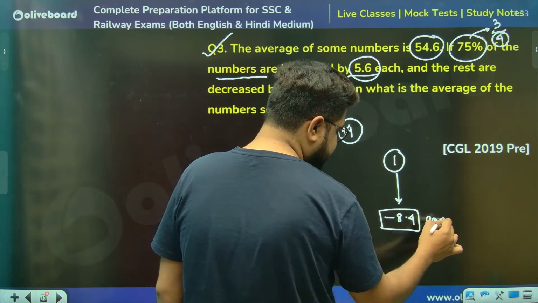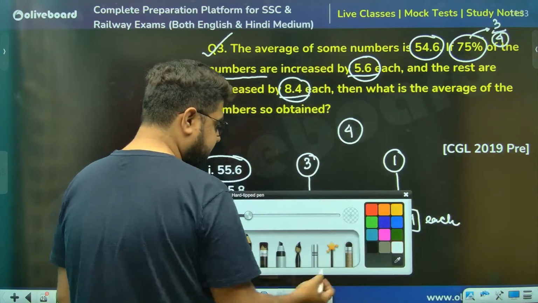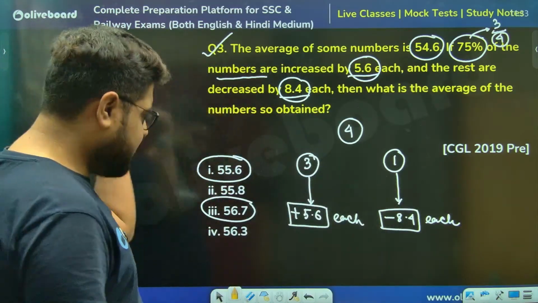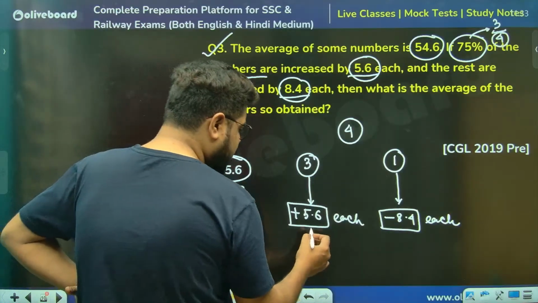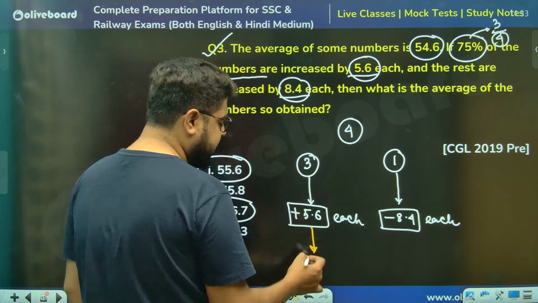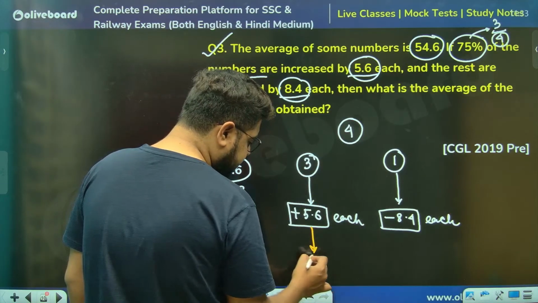Sir, is the work done? Very, very good. So that means they are asking the average. Let's do it. Sir, total deviation. Total how much increment, sir? 3 5s are 15, 3 6s are 18, so 16.8 increment, plus.